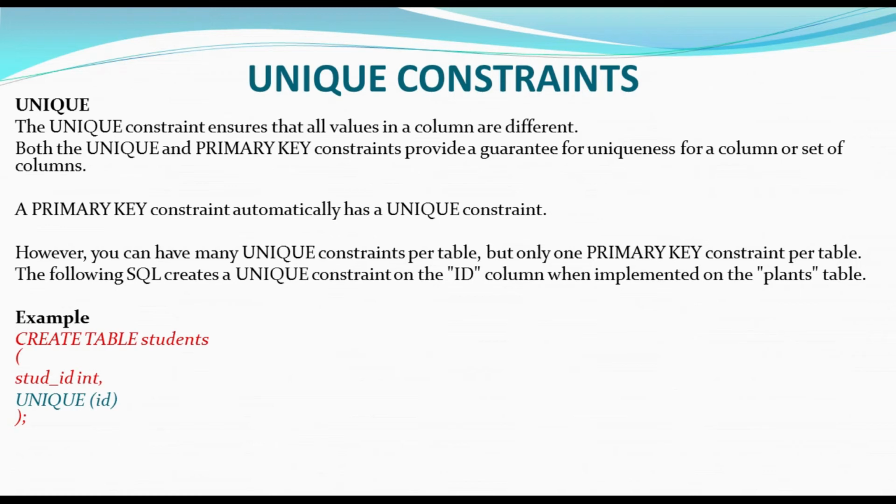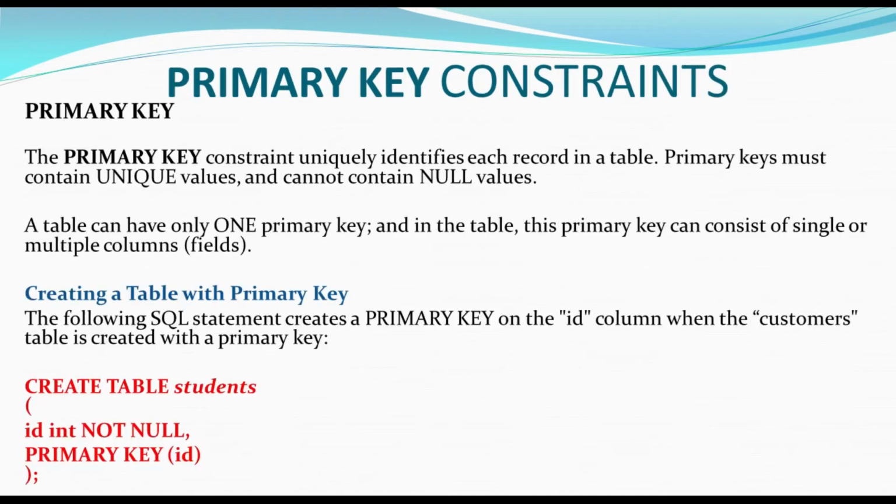And automatically, primary key constraints have unique values. We will talk about primary key so you understand. To create a primary key, you only need the syntax below. If you don't understand, don't worry. We will talk about this syntax as we start creating tables. So you just look at it. Don't worry. Then we have primary key constraints. A primary key mostly sets rows to be unique, or it uniquely identifies records in a table.